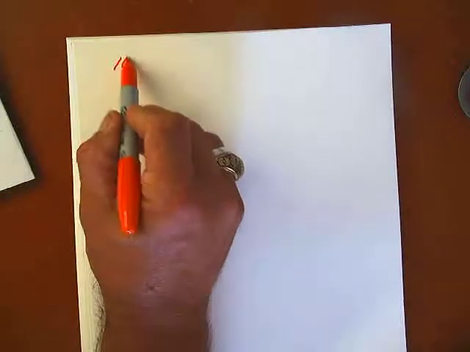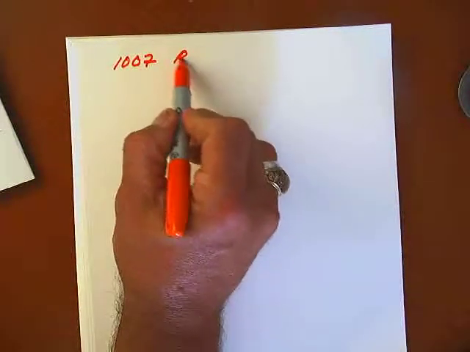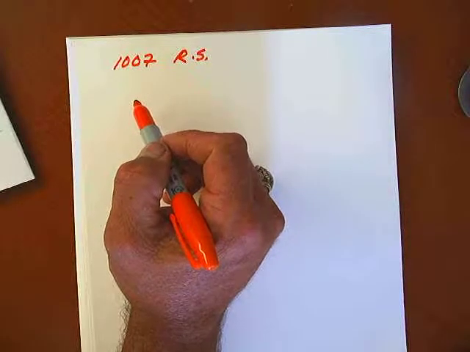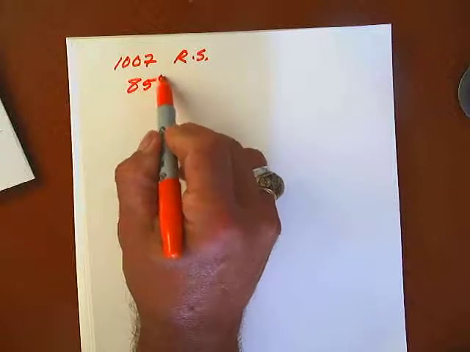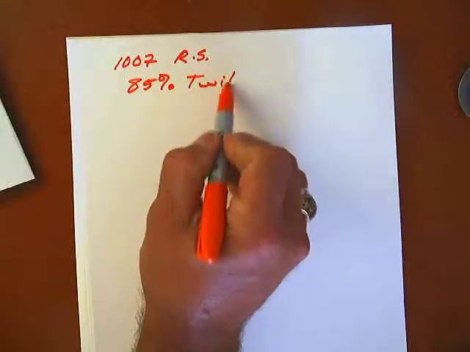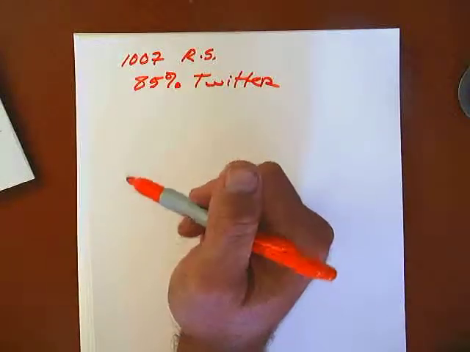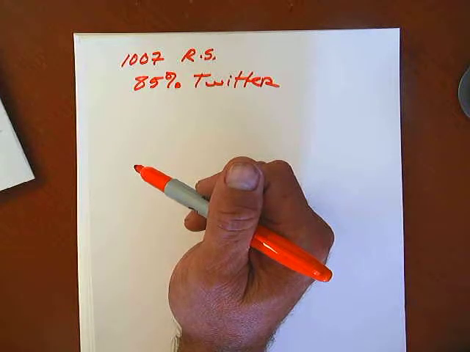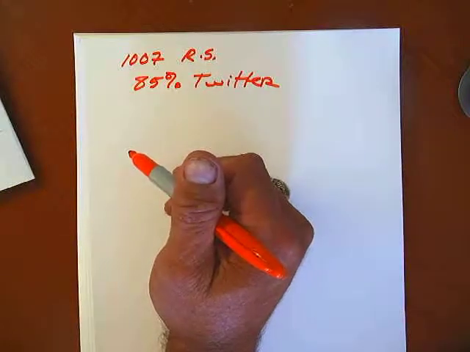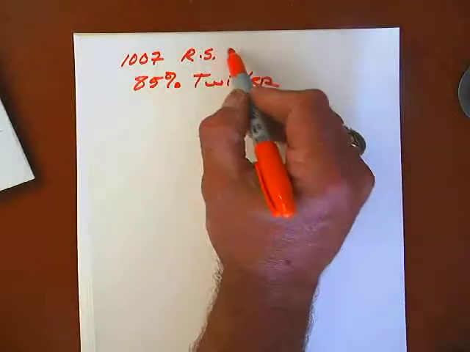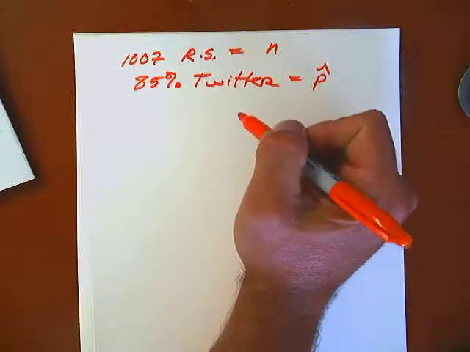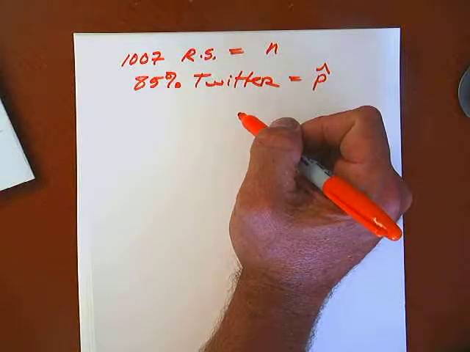So, quick example. Let me find a quick example for this. It says in the chapter problem, we noticed that a Pew Research poll of 1,007 randomly selected people showed that 85% know what Twitter is.